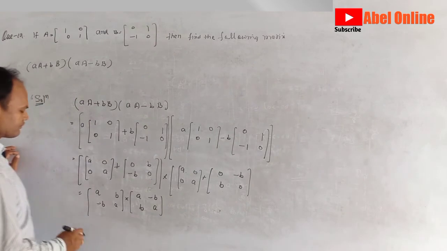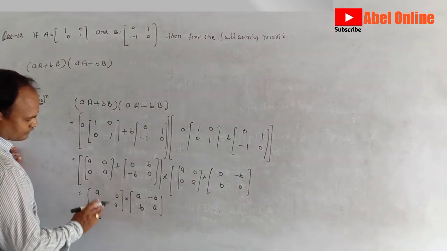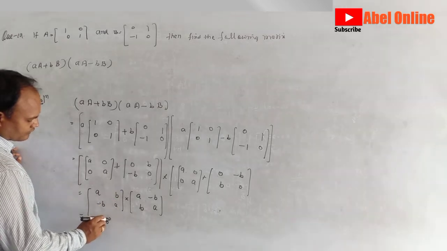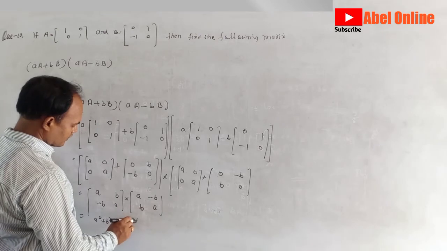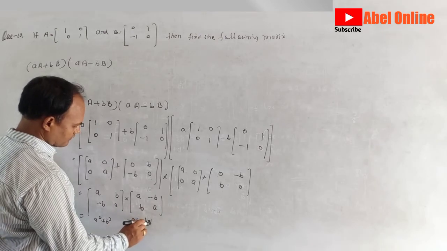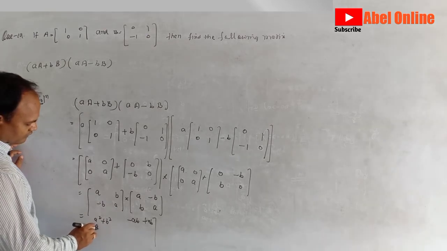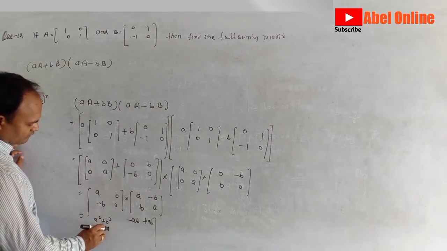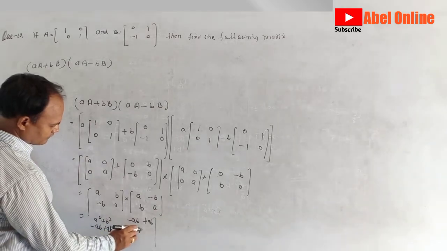What about this? This is A square plus B square. This is A square plus B square. This is AB minus AB plus AB. It is minus AB plus AB and it is B square plus A square.